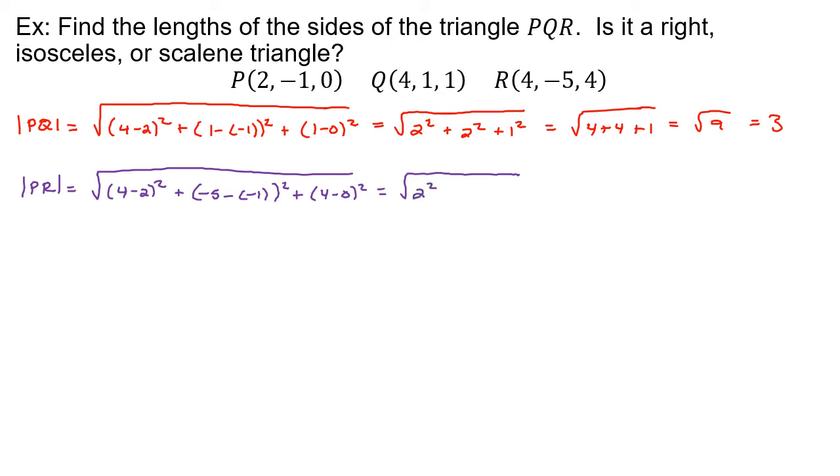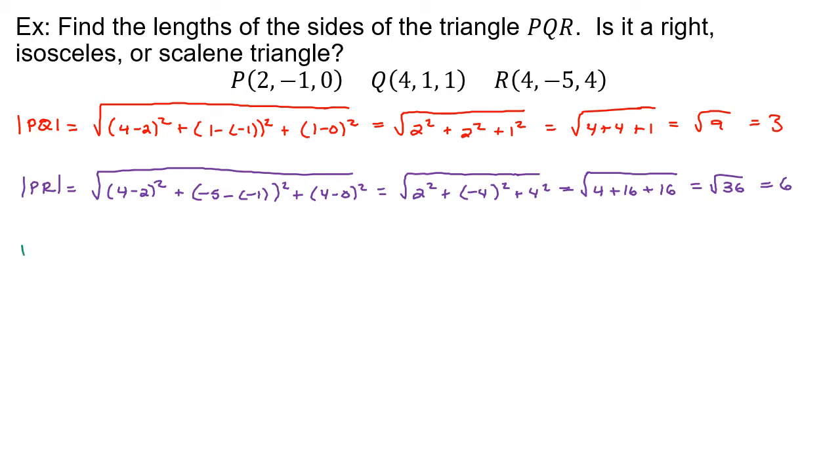Negative 5 minus negative 1 would be negative 5 plus 1, which is negative 4 squared. And I'll get a 4 squared. So that'll give me 4 plus 16 plus 16. This is just like the last one. That is 36, which is 6.